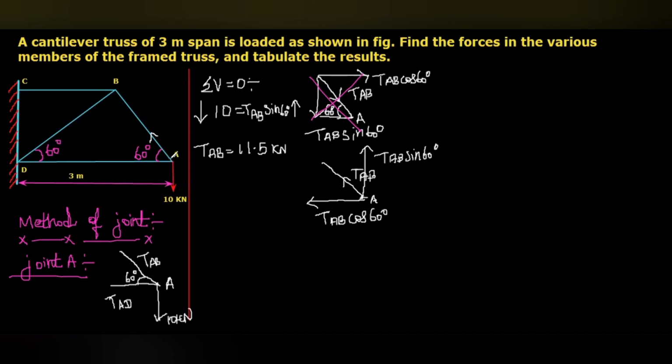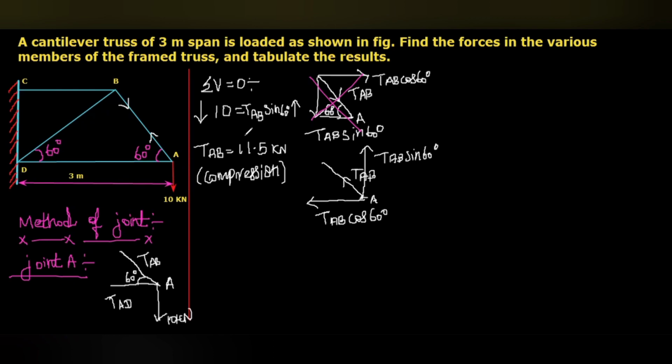From the point A, it is going to act outwards. So from point B also, it will act outward. So here you can see it is going to compress the member. So it will be compressive in nature, so it is compression.